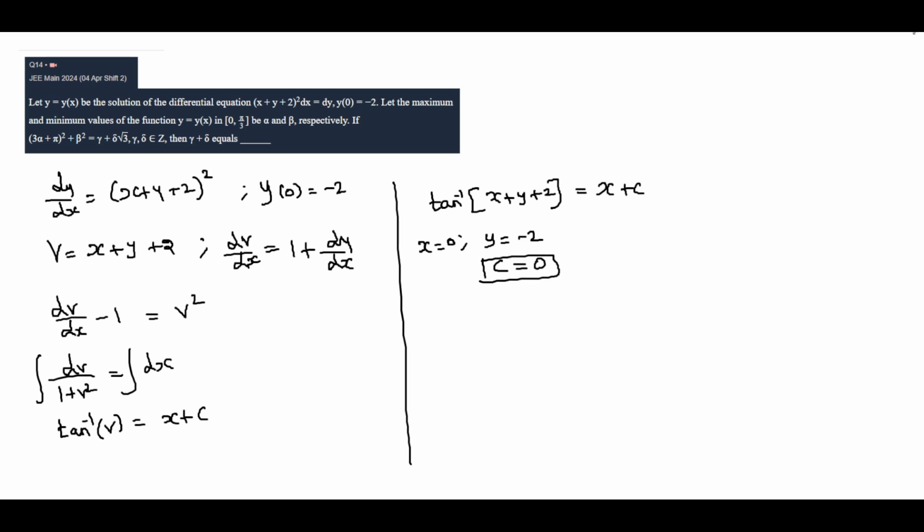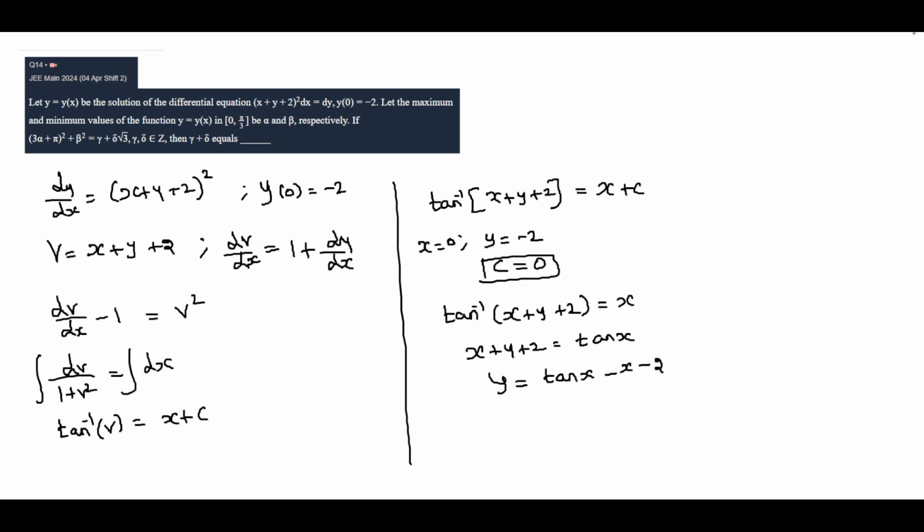So tan inverse of x plus y plus 2 equal to x. Just move the tan inverse to the right side, so x plus y plus 2 equal to tan x. So y equal to tan x minus x minus 2.